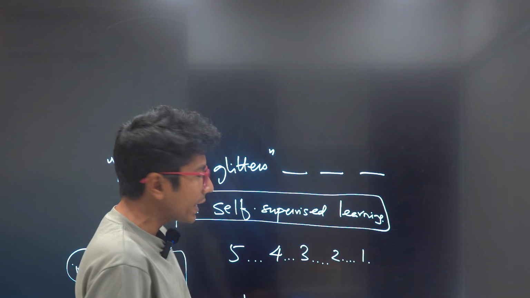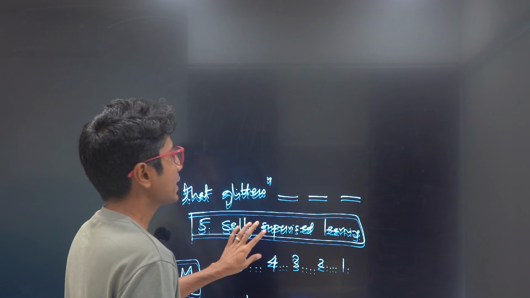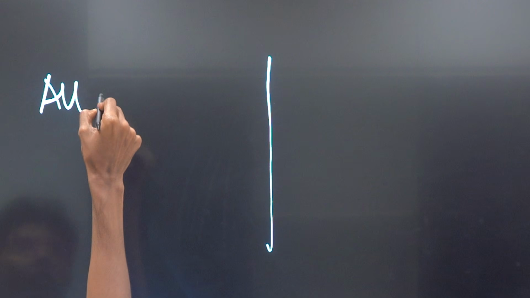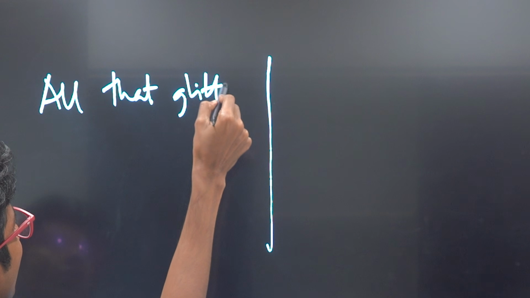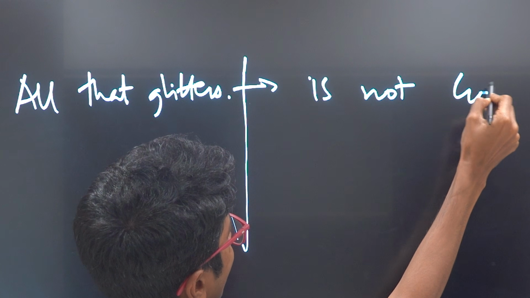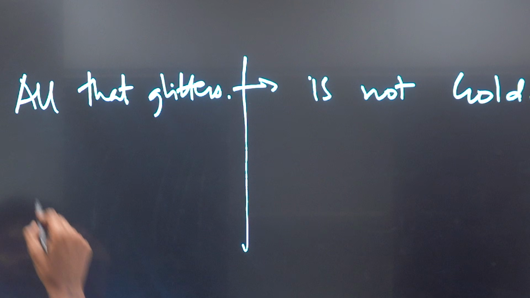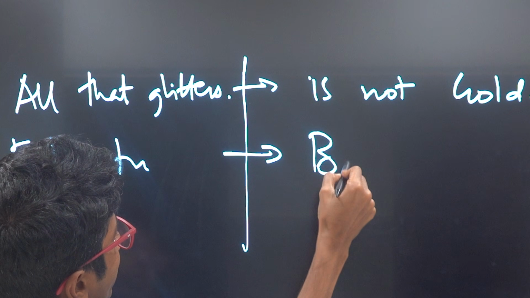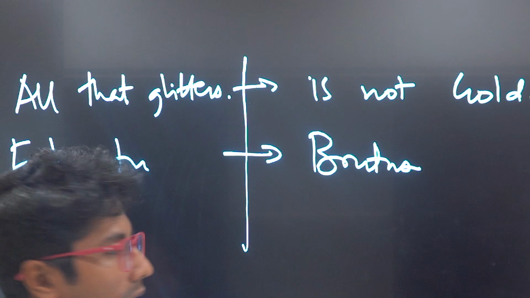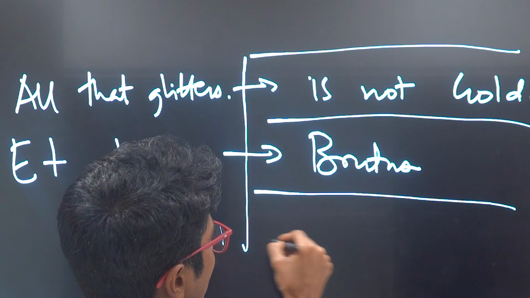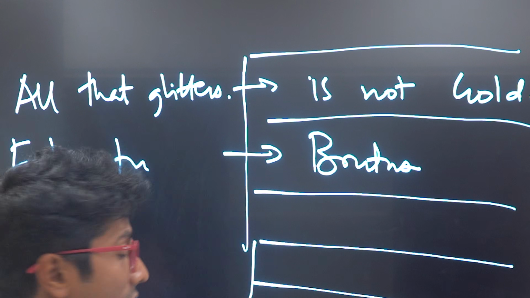Now, the standard way to train such a model would be called supervised learning, where you would have a human being say that if the input text is all that glitters, then the model should predict is not gold. If the input text is et tu, then the output should be Brutus. Instead, self-supervised learning has made getting training data much cheaper.